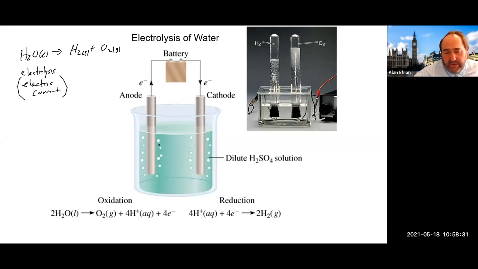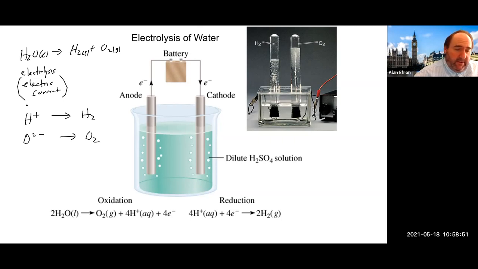So this is what's happening here. Remember that we are going backwards in this sense. And basically what's happening is we're taking our H+ to H2 and our O2- to our oxygen.